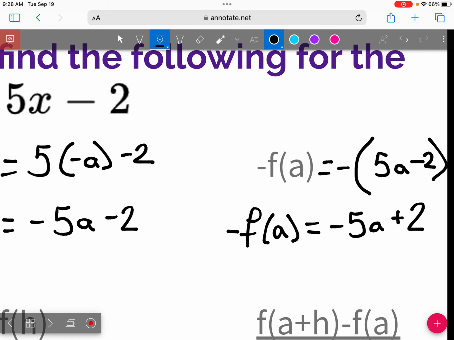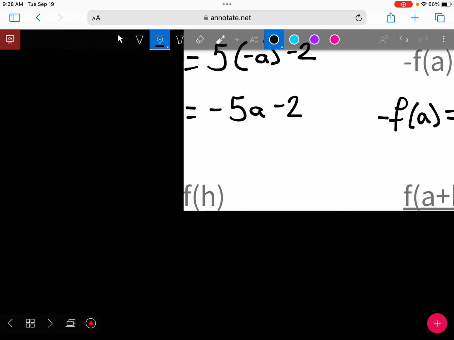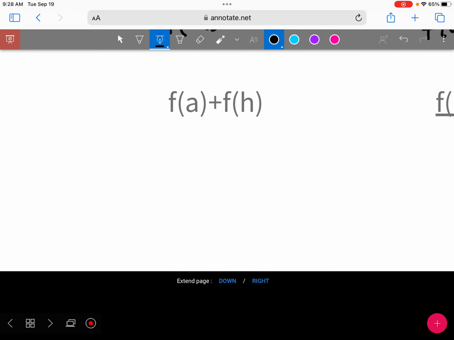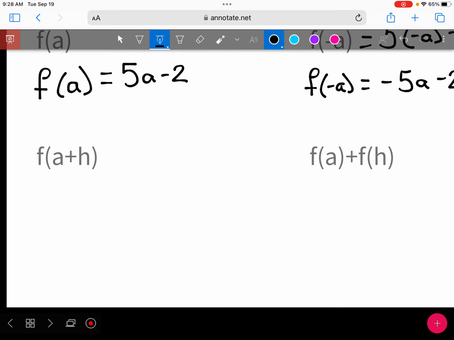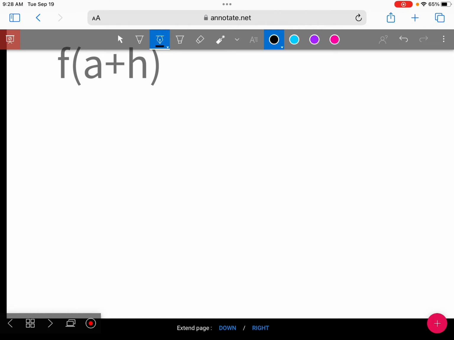Because it kicks up another notch down on this bottom row. Because we're going to do f of a plus h, which we treated exactly like we did the ones on the other page, where the a plus h is going in place of the x.